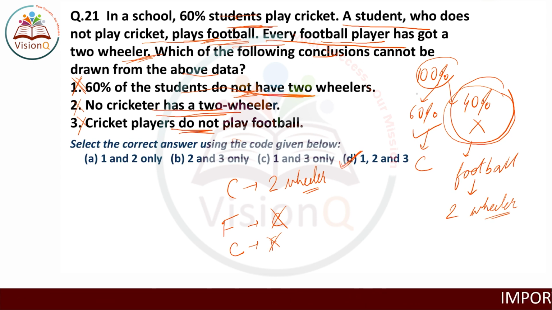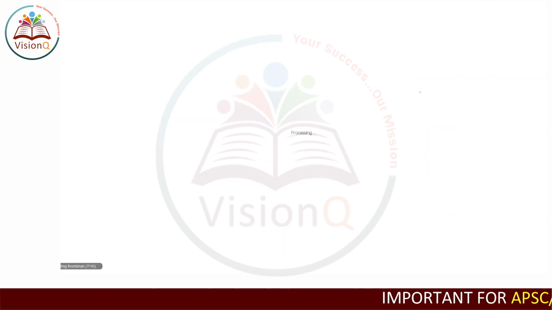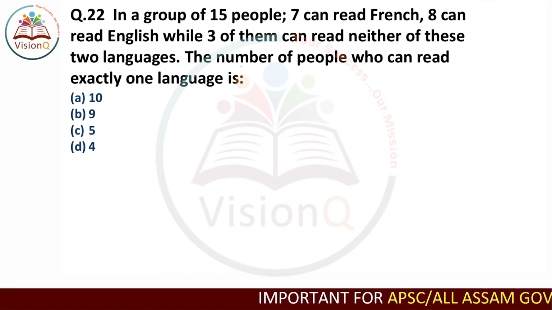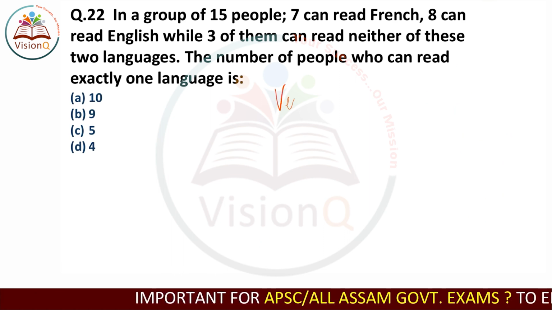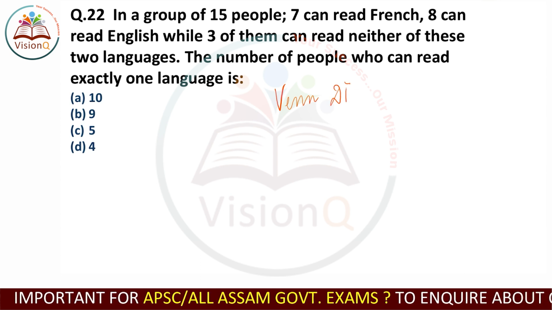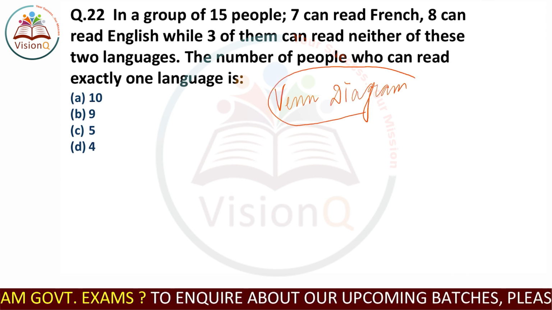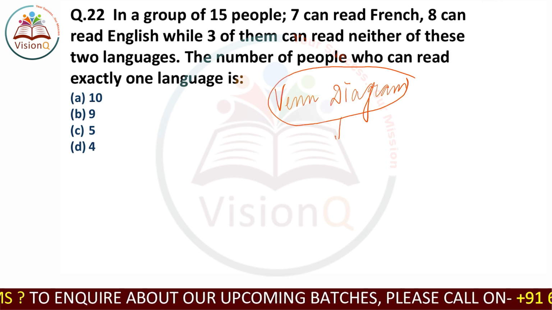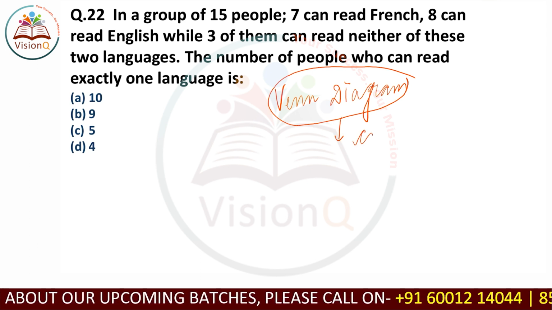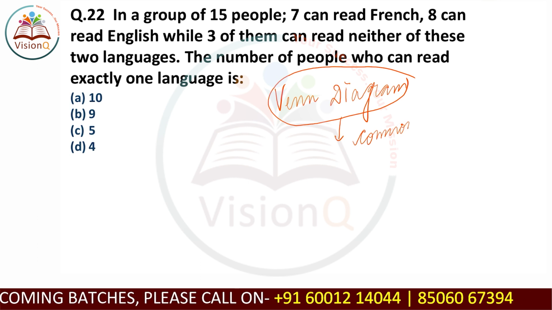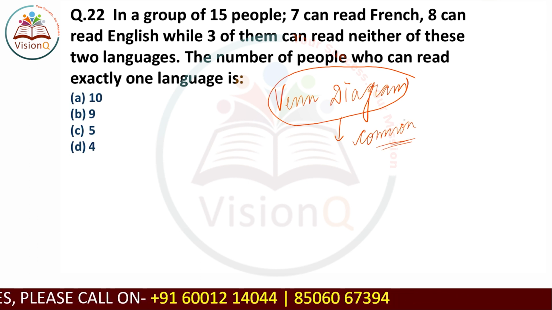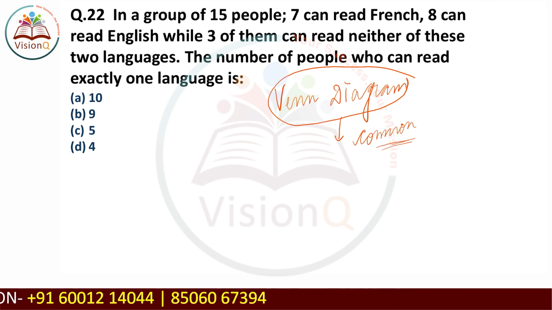So students, let us discuss the next question, question number 22. A question based on the concept of Venn diagram. Now you should know in what questions you need to use the concept of Venn diagram. Whenever some people share some common properties, in those questions you need to apply the concept of Venn diagram. In this question, the group has 15 people.